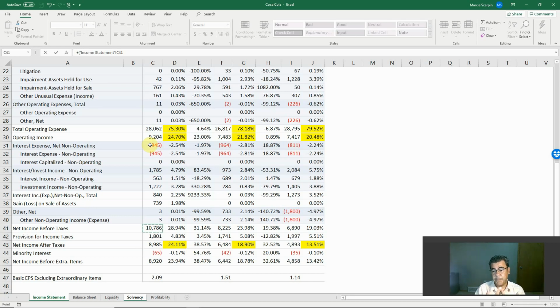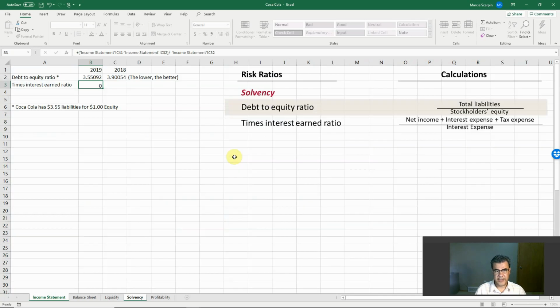So to sum it, we need to put a minus here, because minus a negative number has the same sign as here, so we have a plus. So less interest expense, divided by interest expense. We don't want a negative number because we don't have a loss here. So divided by negative interest expense.